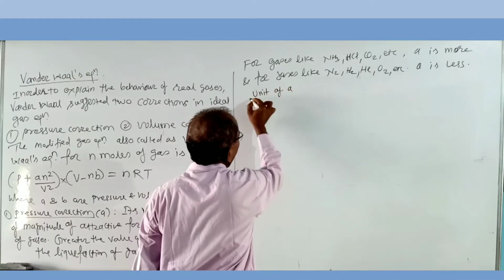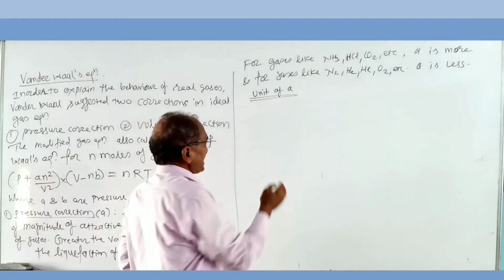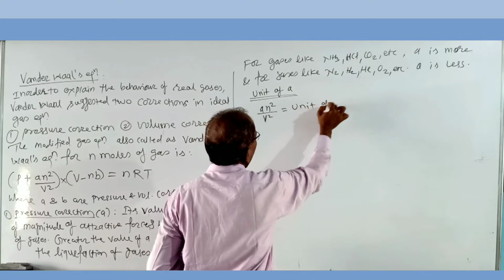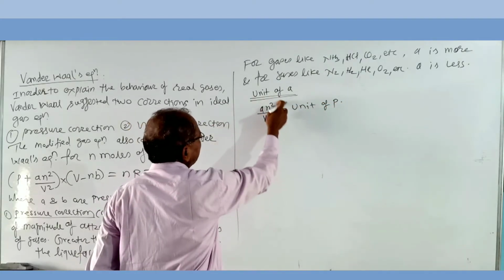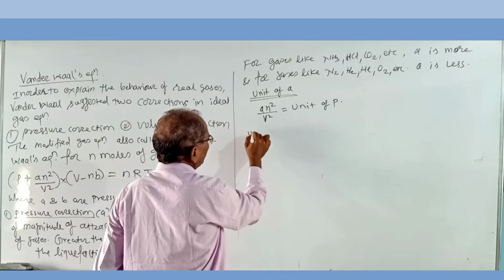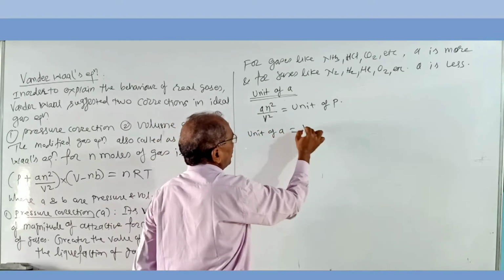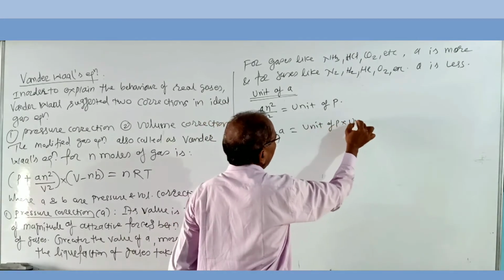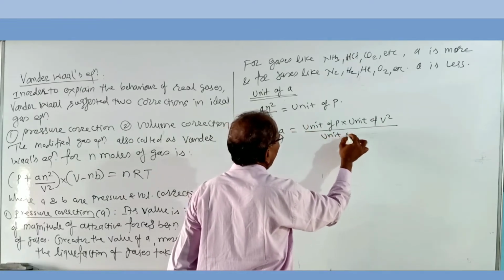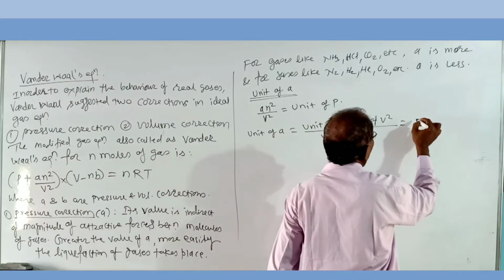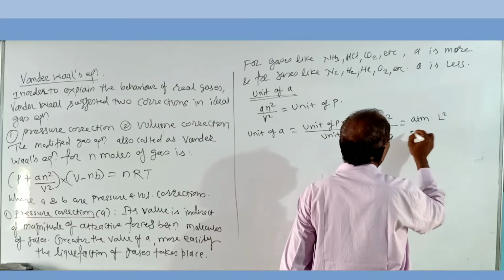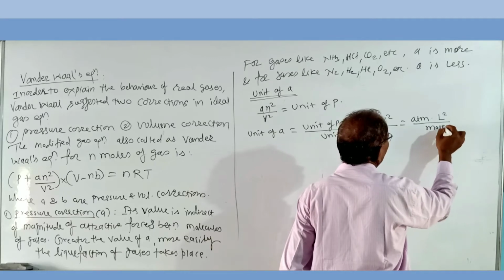Then the unit of a. The quantity an²/V² is the pressure correction, so its unit is the unit of P. Therefore, the unit of a is the unit of P times the unit of V² divided by the unit of n². The unit of P is atm, the unit of V is liter² or dm³, and the unit of n is mole².